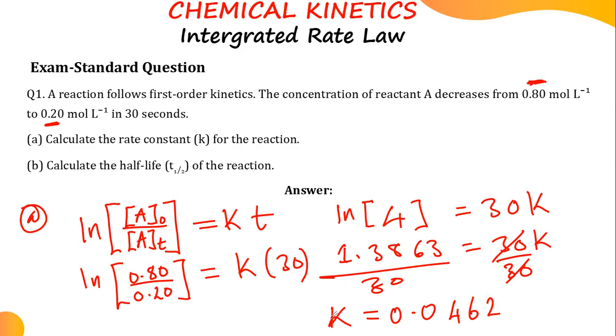Now, this is the rate constant. And for the first order, what can be the units? You remember, I showed you how to come up with the units. The units differ depending on the order. If you have been watching my videos, I explained where these seconds are coming from. So you need to watch the other videos.